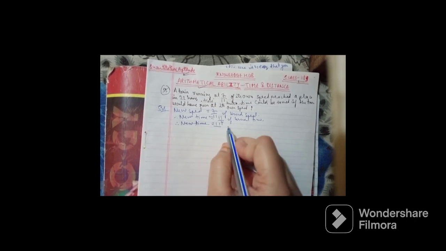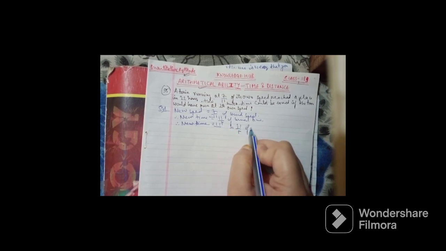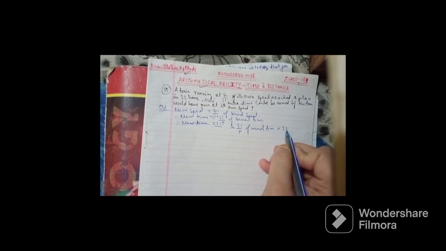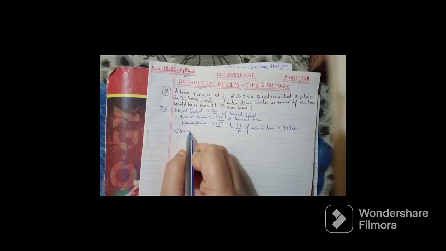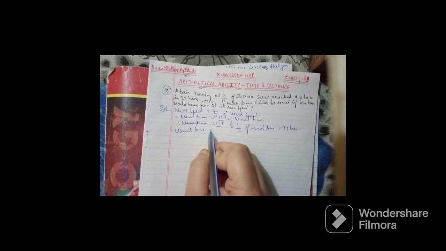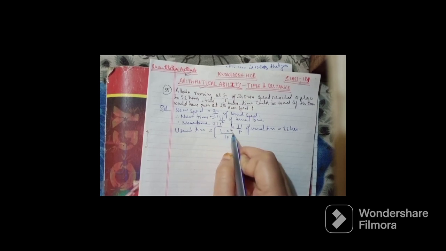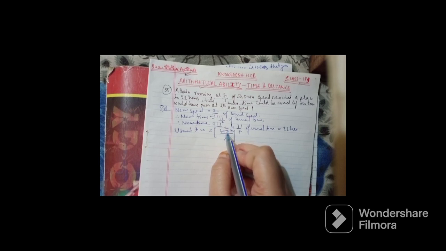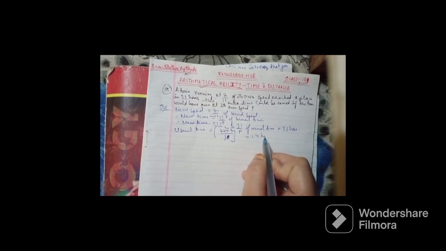So 11 by 7 of usual time equals 22 hours, and usual time equals 22 into 7 upon 11. 11 2s are 22, so it will be 7 2s are 14, so 14 hours.